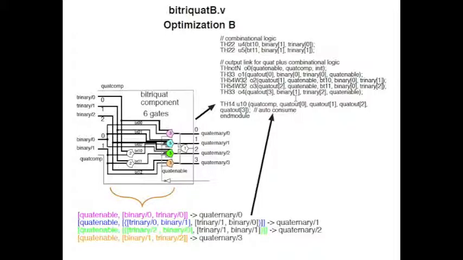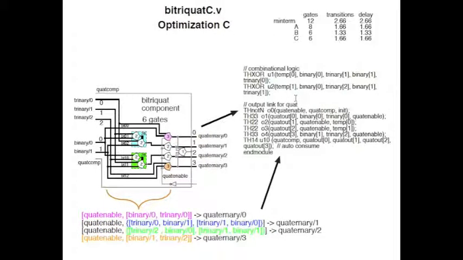This is optimization C. It's yet another factoring of the equations into gates in the library. And this is the Verilog program that implements it. So now we have 4 different versions of the logic circuits mapped from the single set of specification equations.